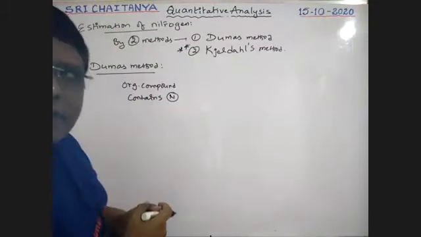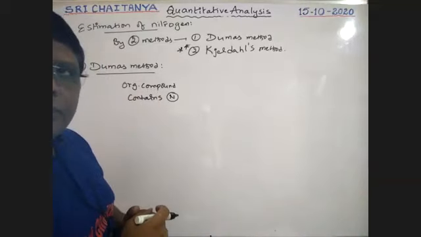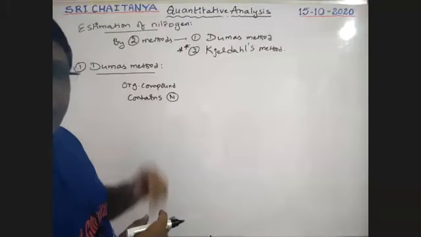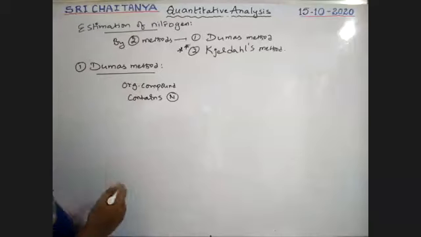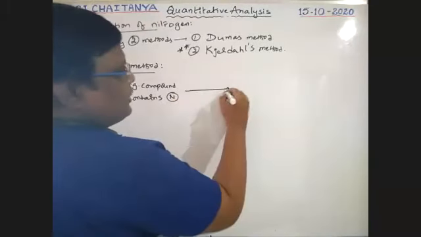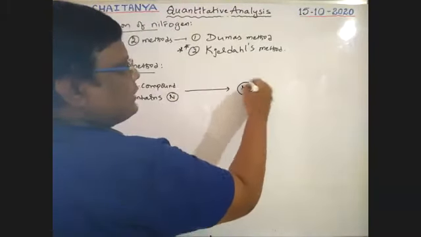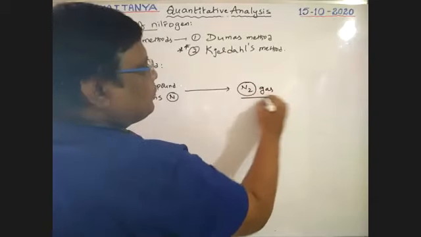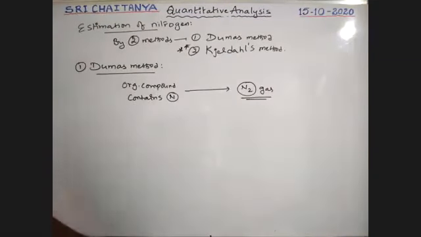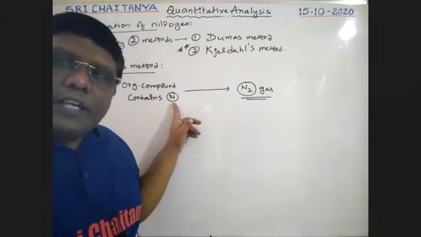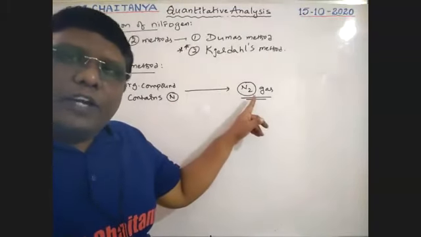We know nitrogen is there by using previous tests. Now how much nitrogen is there? In Dumas method, the nitrogen present in your organic compound is finally converted into N2 gas.